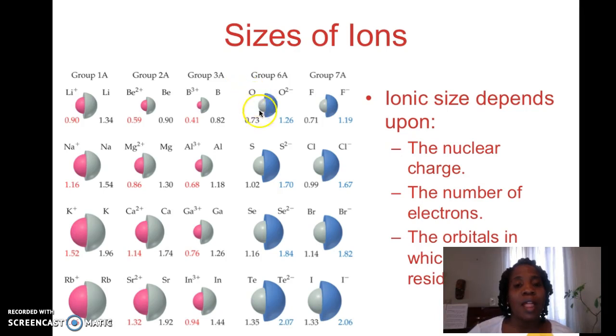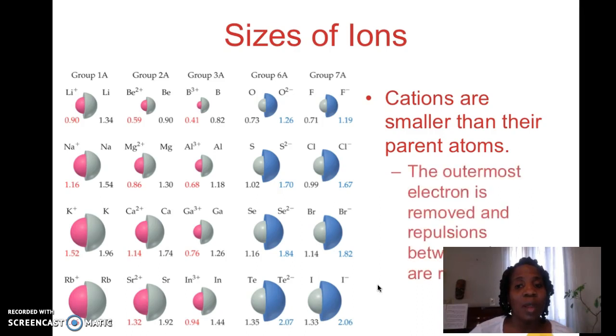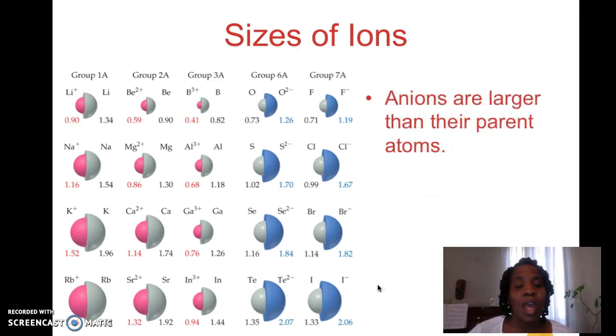For anions, again, the nuclear charge doesn't change, but the number of electrons occupying the outermost energy level has increased, so there's greater repulsion between the electrons, and therefore the effective nuclear charge decreases, and so the size of the negative ion is going to be greater than the corresponding atom. Cations are always smaller than the original atom. Anions are always larger than the original atom.